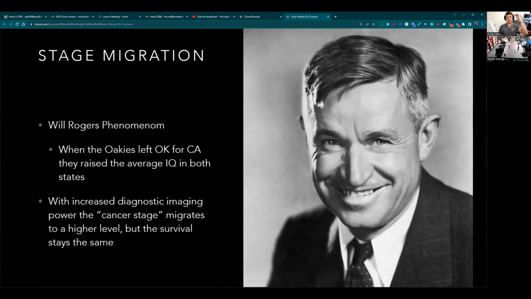But since the 1980s, 1990s, survival rates have stayed about the same. We actually haven't made a dent in cancer outcomes at all. What we have done is become much better at treating stage 4 cancers than we were in the past, because we're finding them earlier.